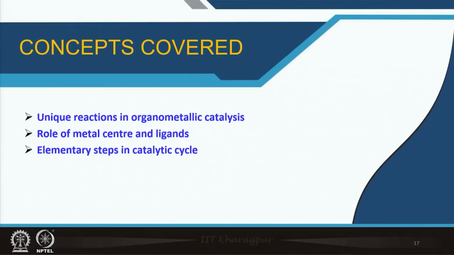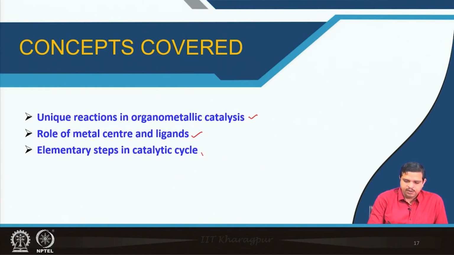The concepts covered in this lecture will be the unique reactions in organometallic compounds or catalysis, and the role of the metal centers and ligands. This is very useful: the same ligands with different metal centers, or the same metals with different ligands, might have different reactions or driving force.